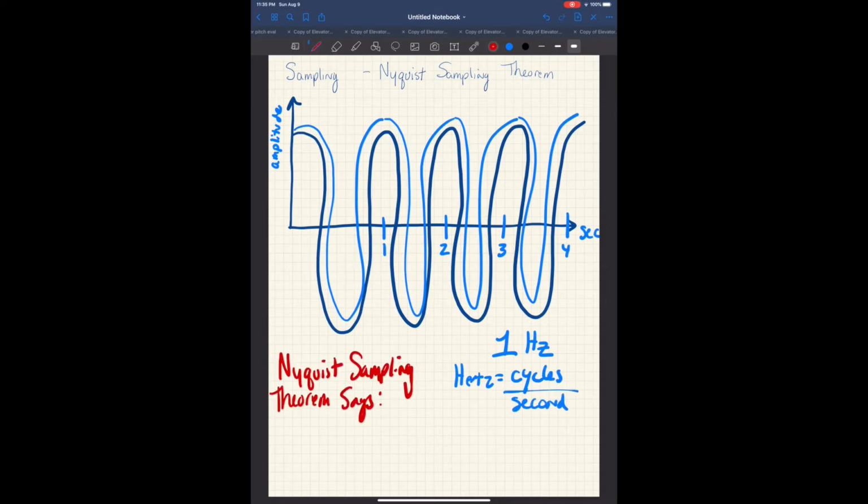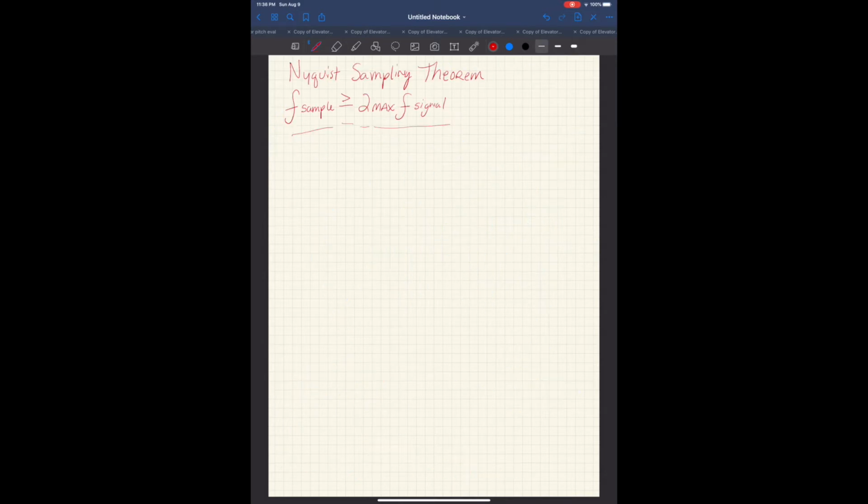Nyquist sampling theorem says that the frequency of the sample must be greater than or equal to 2 times the maximum frequency of the signal. So for the signal we just looked at, the frequency of the signal was 1 hertz.